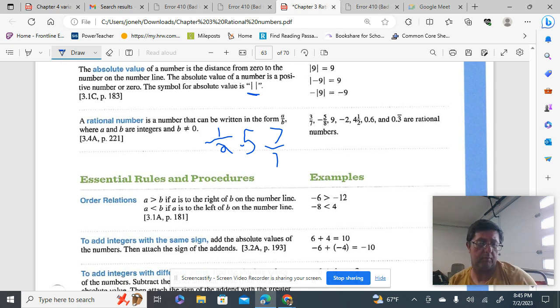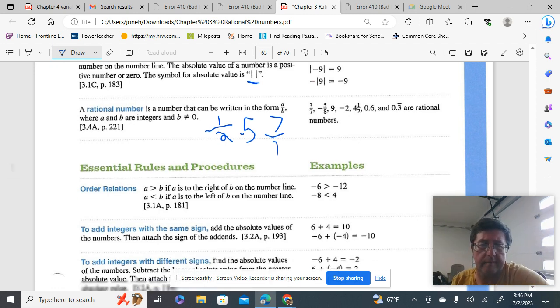So 23 divided by 7 is an irrational number because it doesn't repeat itself and it does not terminate, it just goes on forever.